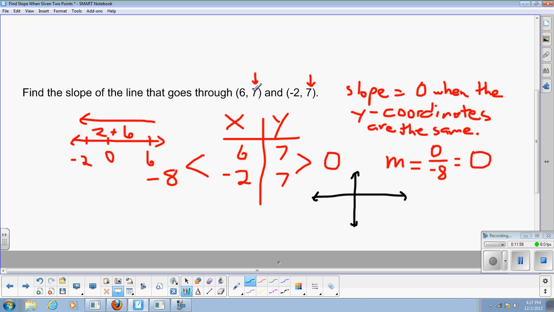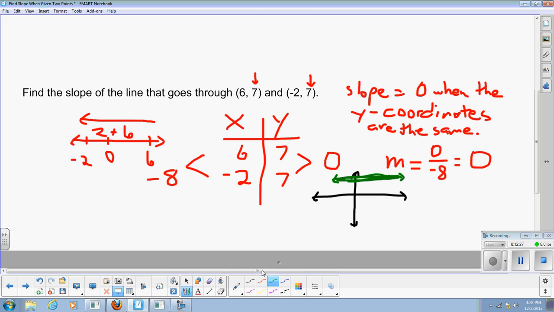If I put out 6, 7, that's 6 to the right and 7 high. -2, 7. Same height, isn't it? Notice if I draw a line there, where will my line go? It will go straight horizontal through those dots. That wasn't very straight, was it? Sorry about that. But it will be a horizontal line. It'll go straight across through those dots. And anytime you have that, you've got a horizontal line, slope of 0.